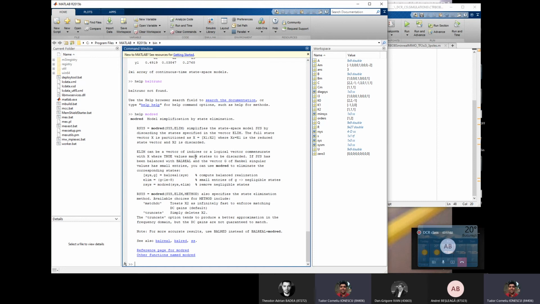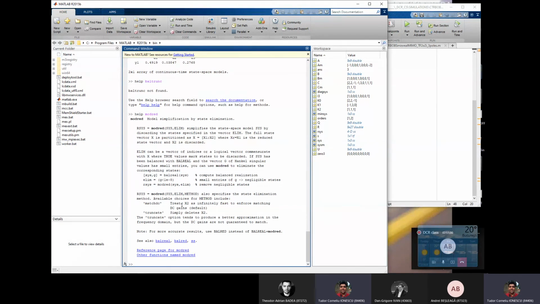Okay, so this is another command. But first of all, you need to compute your balanced truncation yourself. If balred is doing it automatically, for modred you first need to compute the balanced truncation of this.